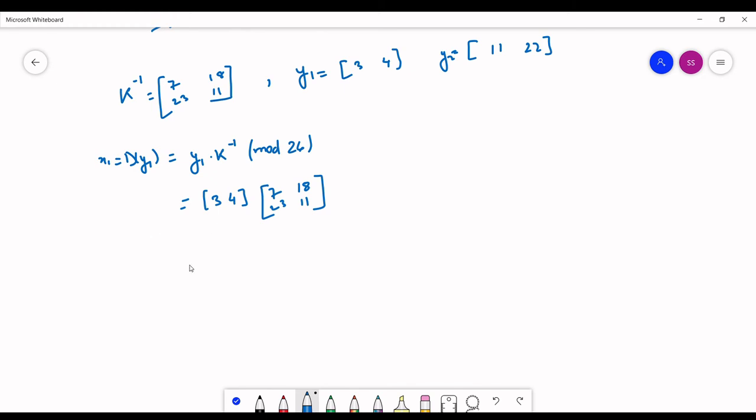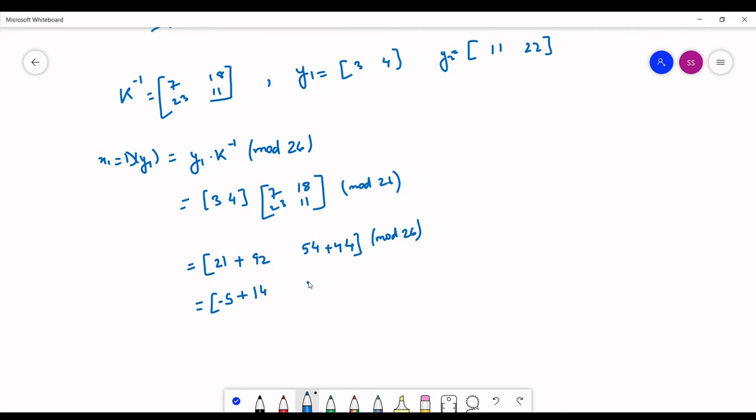Okay, so I can write this as 7 into 3 is 21 plus 23 into 4 is 92, and 18 into 3 is 54 plus 11 into 4 is 44, mod 26. So now 21 can be written as minus 5, and 26 into 3 is 78. So 92 minus 78 is 14, right?